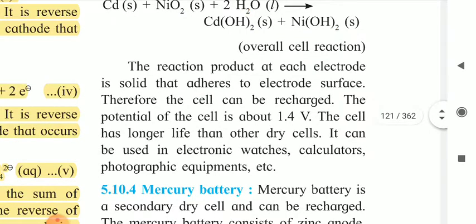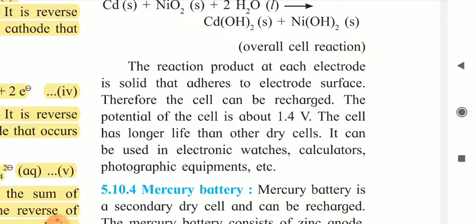The potential of the cell is about 1.4 volt, means it produces 1.4 volt electricity. Students, the cell has a longer life than other dry cells.